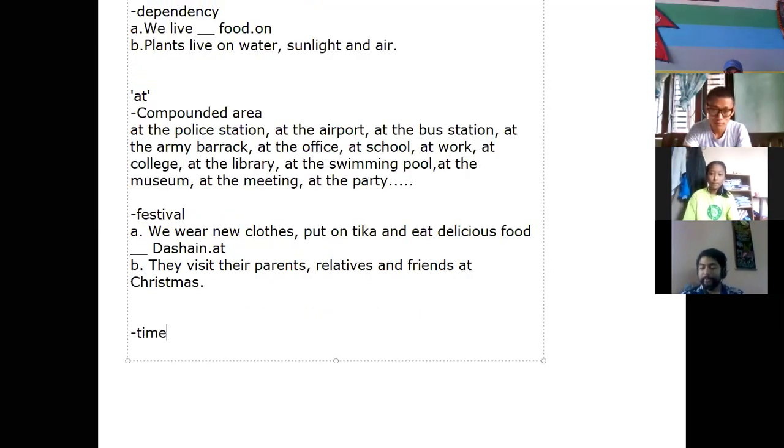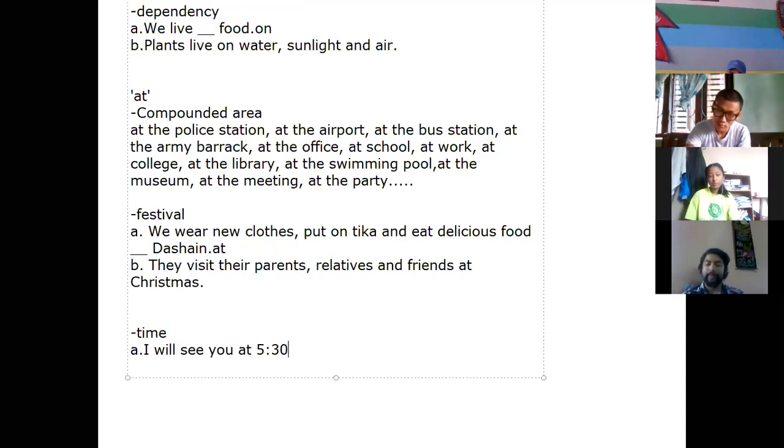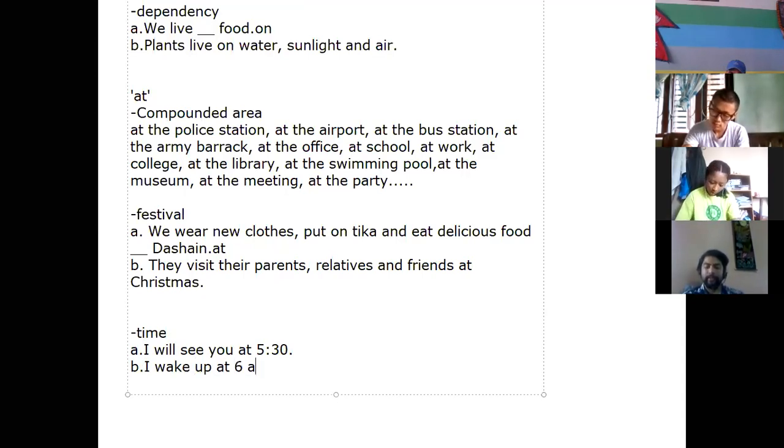Next, for time we always use at. For example, I will see you at 5:30. Do you say in 5:30? No, we don't say it. I'll see you at 5:30. I wake up at 6 a.m. in the morning every day.